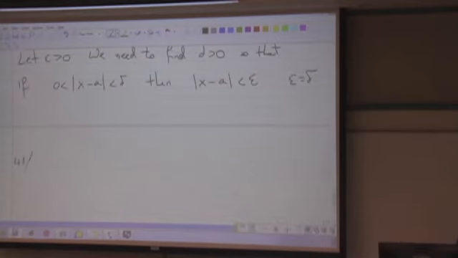41. We have the limit as x goes to 0 of the absolute value of x equals 0. So our goal is to show that the absolute value of x goes to 0 as x goes to 0. So how do we show that?